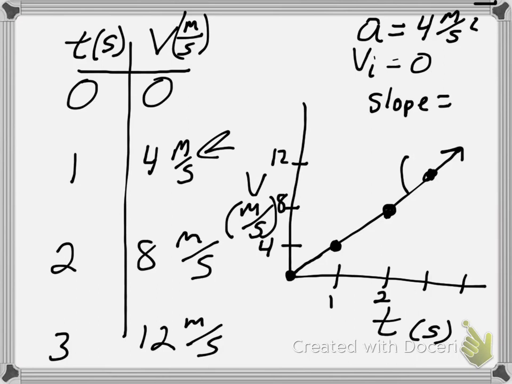And if we calculate the slope, if I take the rise over the run between any 2 points, I see that there's a rise here of 4 meters per second and a run of 1 second, and so the slope is going to be 4 meters per second squared.